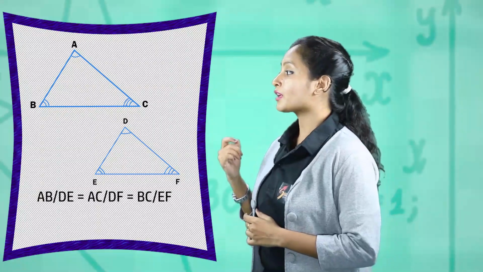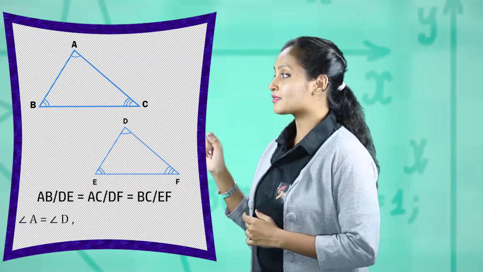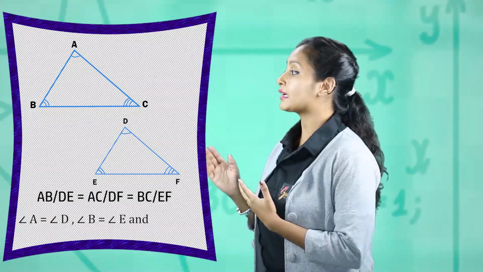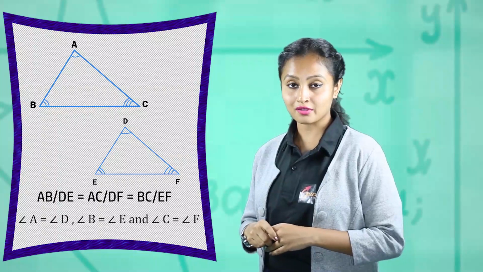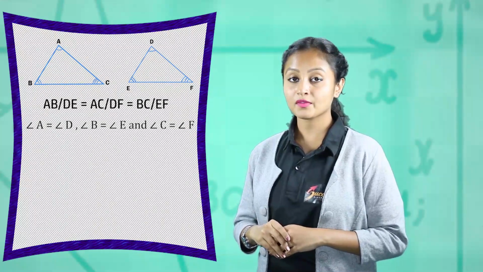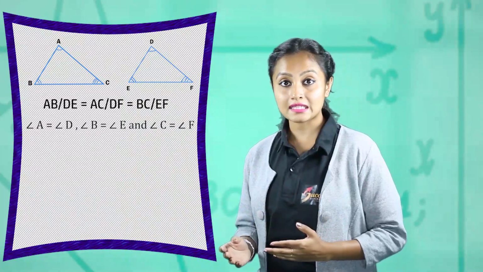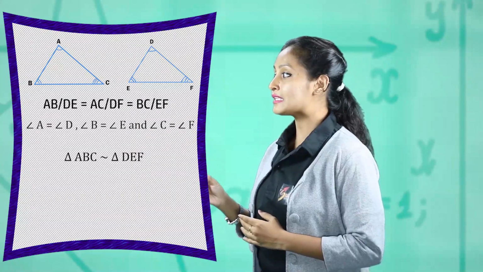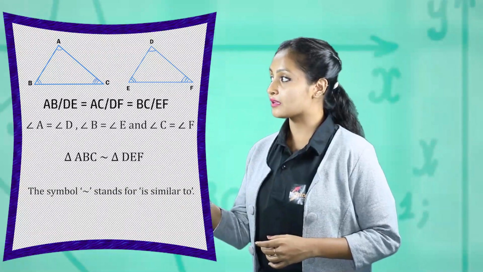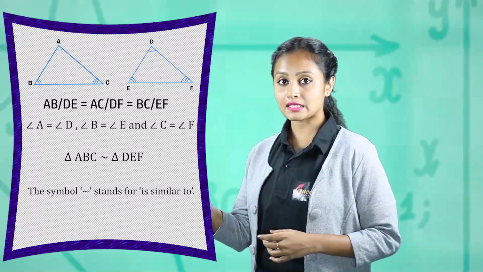And also, if angle A is equal to angle D, angle B is equal to angle E, and angle C is equal to angle F, then we call these two triangles similar. We represent this as triangle ABC is similar to triangle DEF. This symbol represents "is similar to".